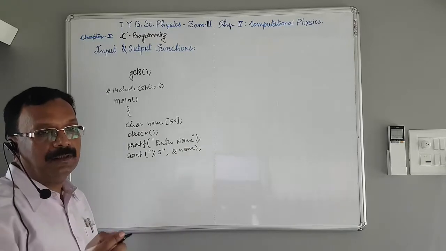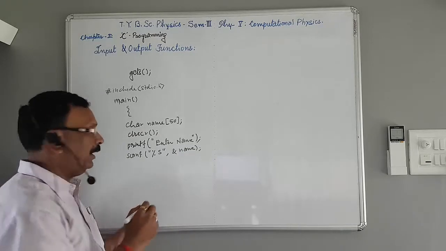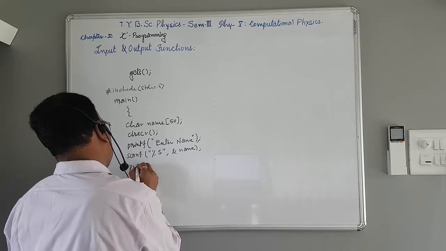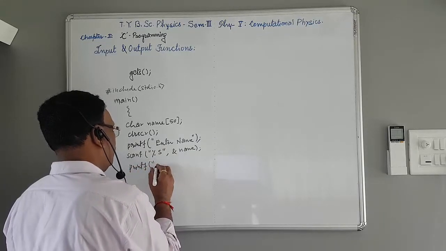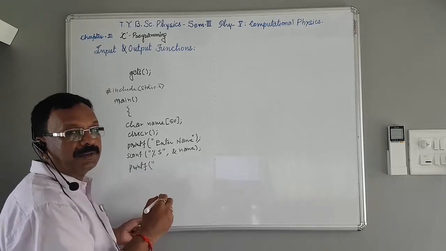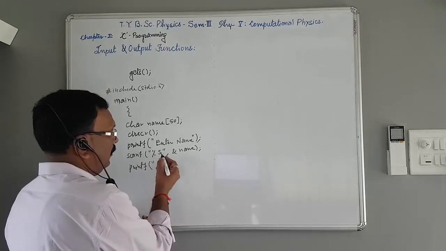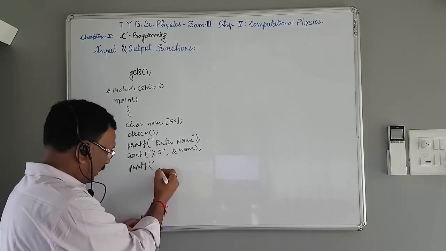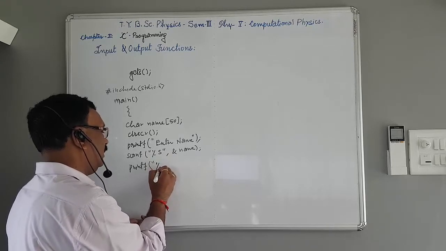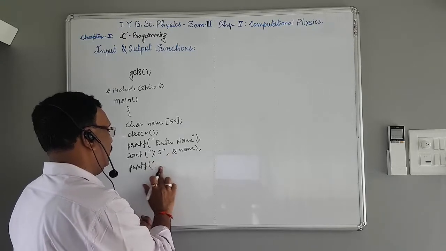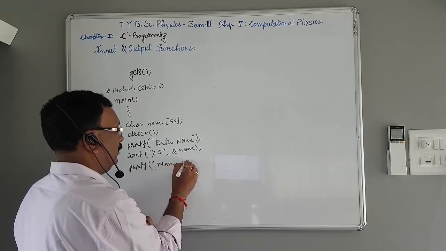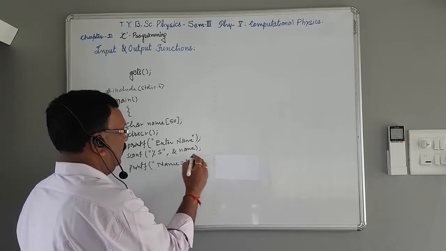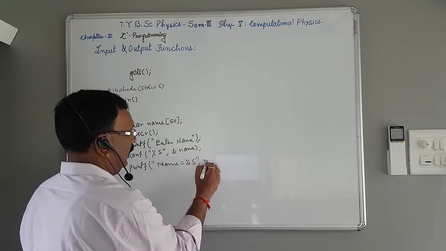Then again printf, because we want to display this output on screen. What is the type of data that should be declared here? Again, printf("name = %s", name).